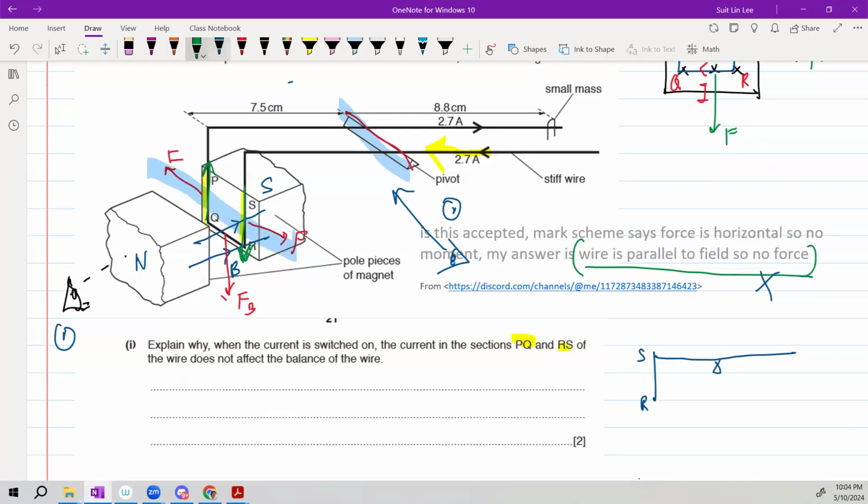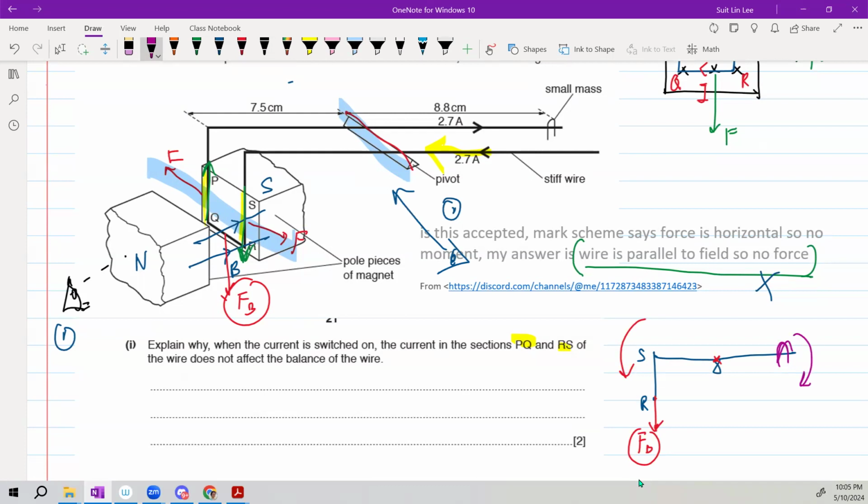So if the force acting on QR is acting downward, this FB is acting here. This will cause a rotation in this direction because the pivot is here. And then I hang a small mass here. This small mass will cause another rotation in this direction, so clockwise equals counterclockwise.